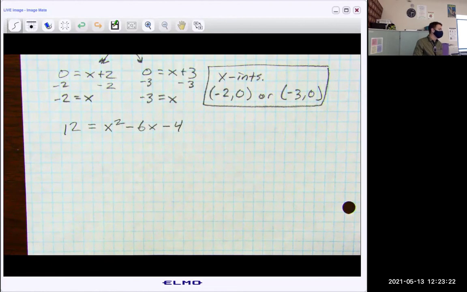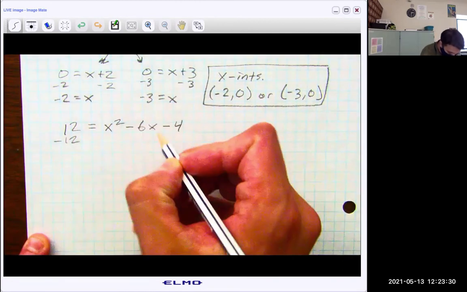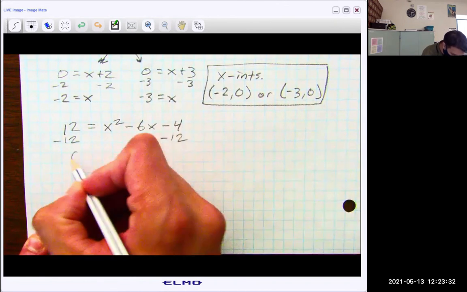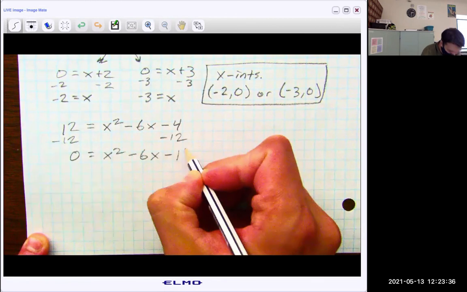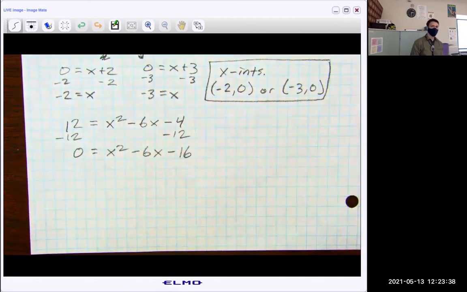What would you do first? Yep. And since it equals 0, then you're already ready to solve. So everyone go ahead and solve that, and then we'll see if we get the same answer for our roots.